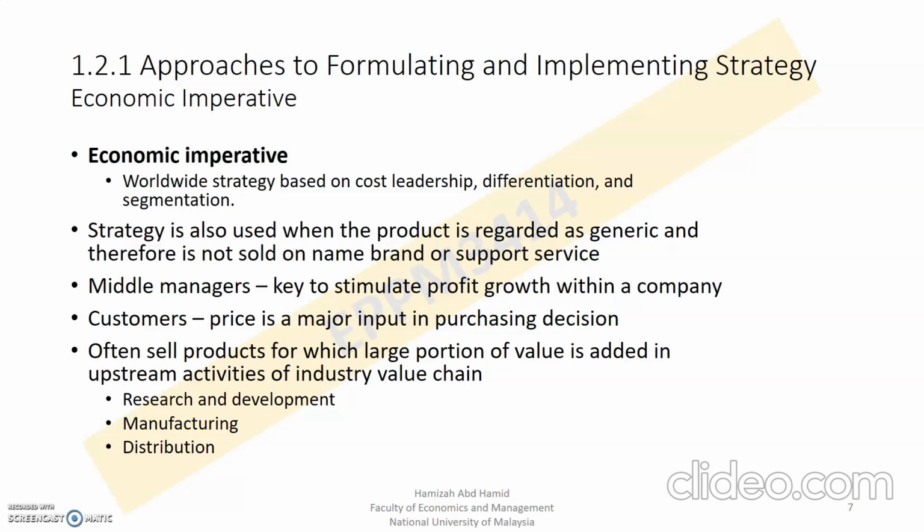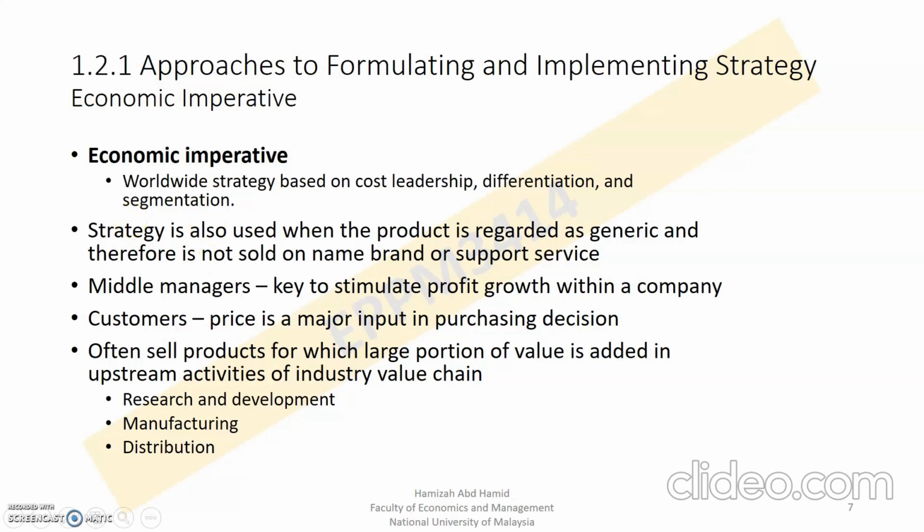The first imperative, or the first approach, is the economic imperative. This is a worldwide strategy based on cost leadership, differentiation, and also segmentation. So the clue itself is in the term. When you say economic imperative, it's more about effectiveness, saving costs, and so on.